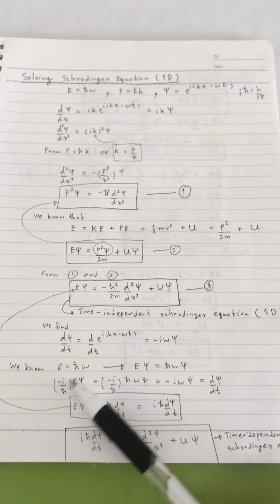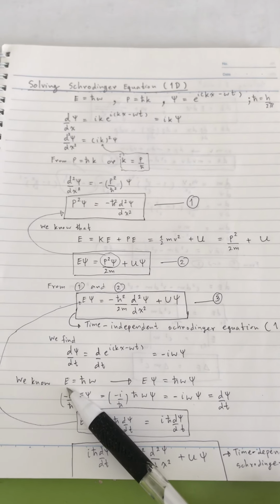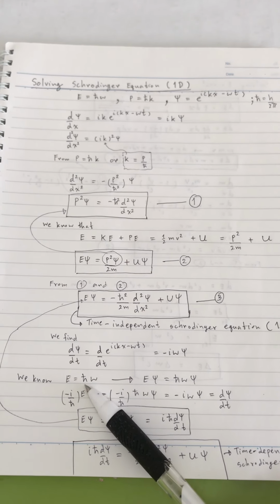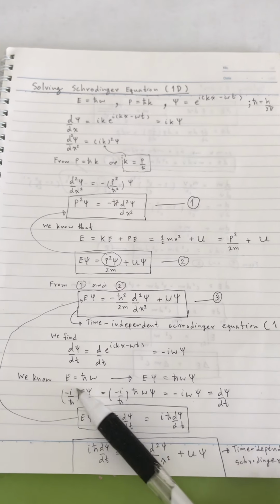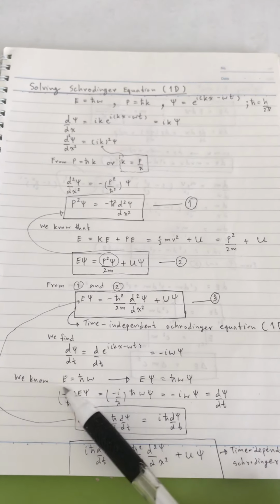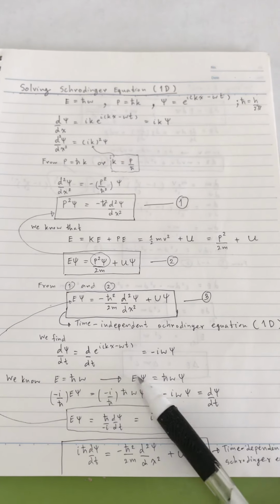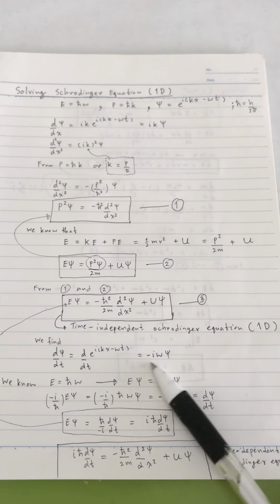And as we know that the energy equals h bar omega, if we multiply this by the wave function on both sides, you obtain this here.